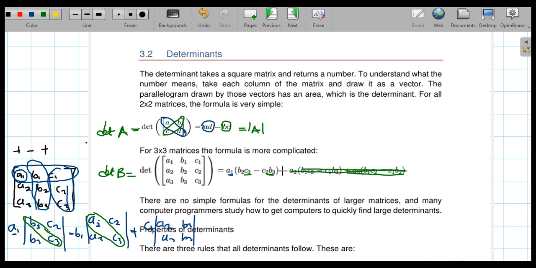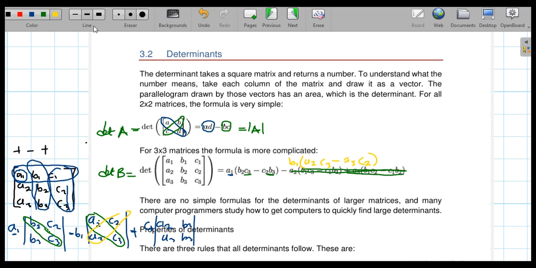So now we have minus B1 here, which means we're going to have A2 C3 here, minus A3 C2.